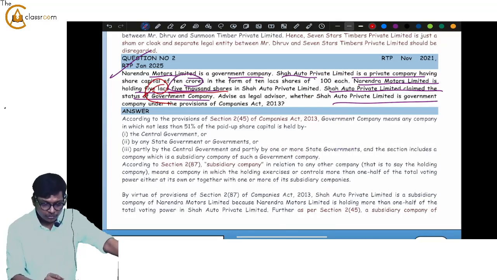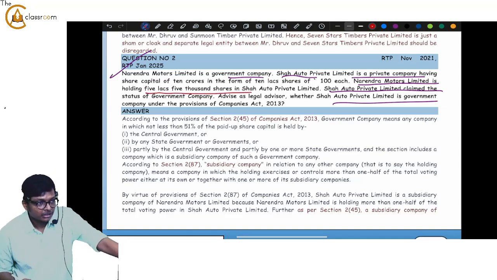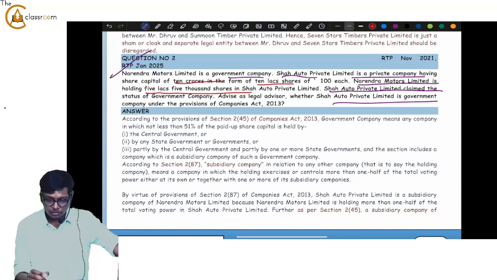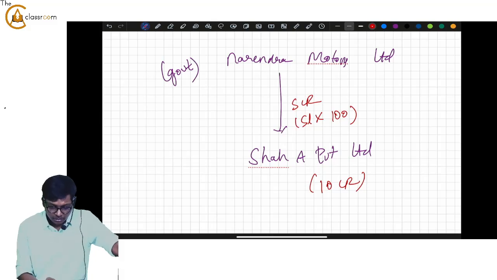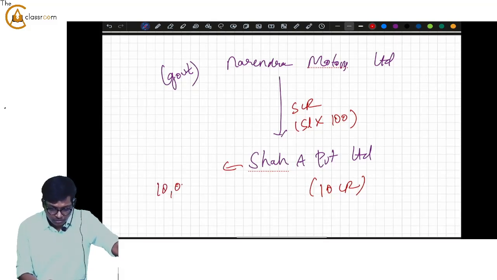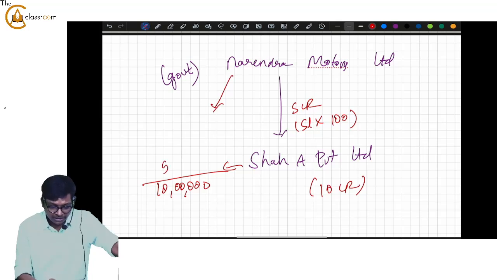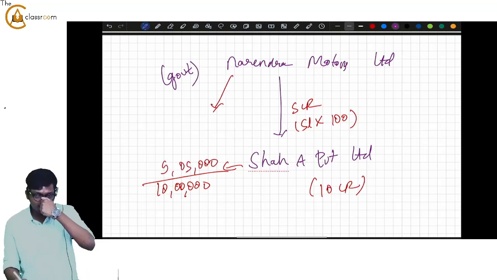Oh, he doesn't have, sorry. They have 5,05,000 shares out of 10 lakhs. Okay, so let me write like this. In total Shah has 10 lakh shares. In this, Narendra has how much, guys? 5,05,000 shares.